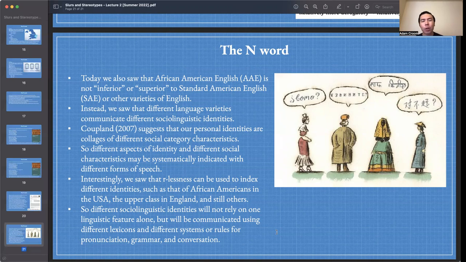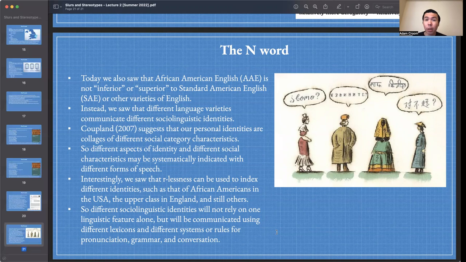Okay, and in the lecture today, we saw that by applying an in-group dialect to a slur, this can help index the in-group variant or version of the slur, the version which is reclaimed, the version which has a more positive meaning.